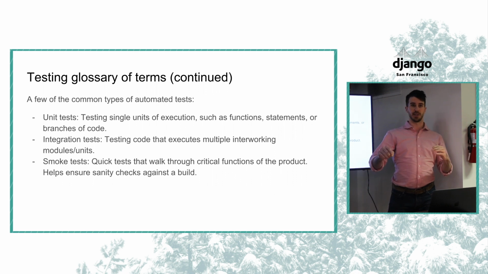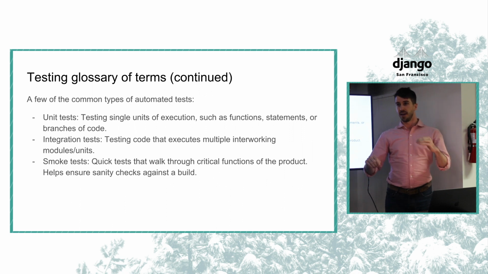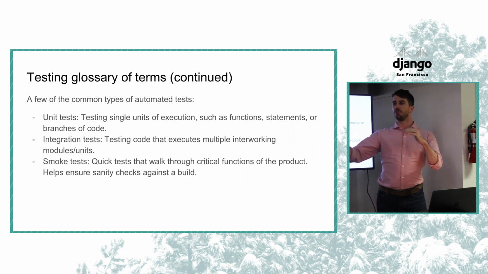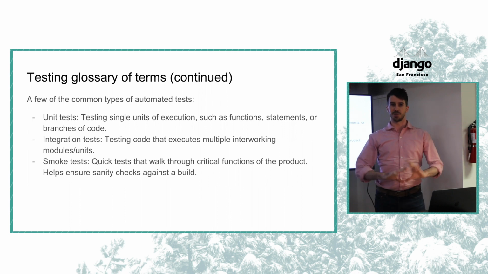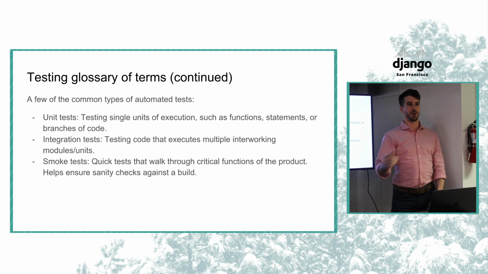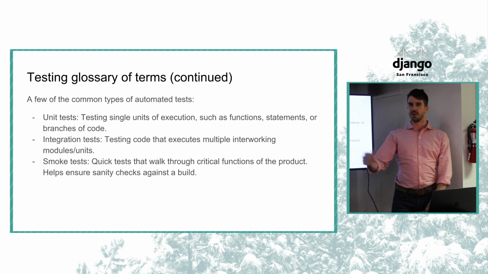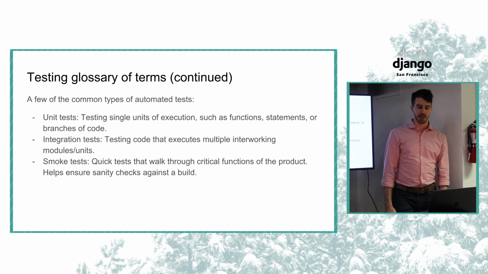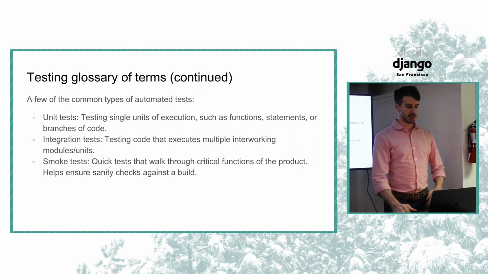It's going to exercise critical parts of your application. It might actually log in and walk through your application, just as a quick check to verify that things seem good. Then we can go ahead and do QA or whatever other stuff we need to do before we deploy to our main production site. So I'm going to be referencing this.